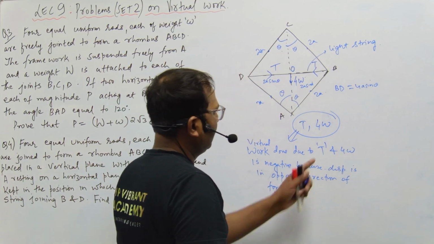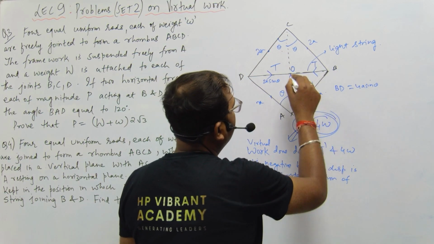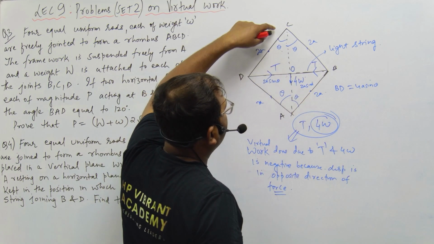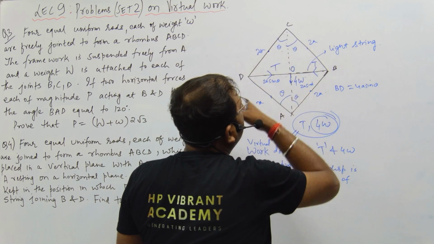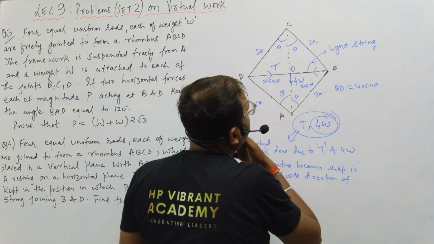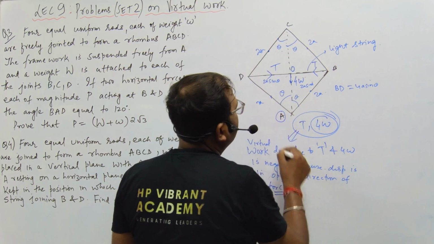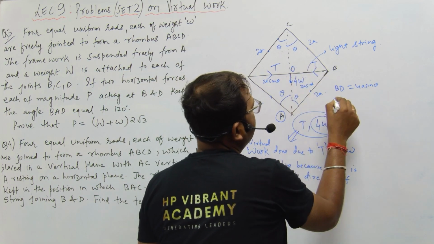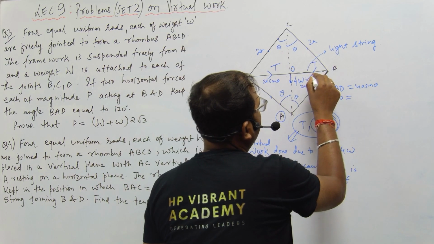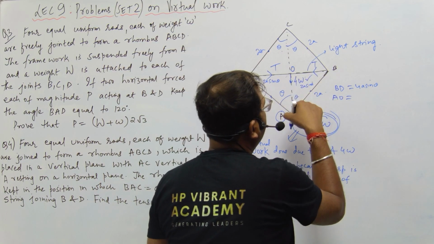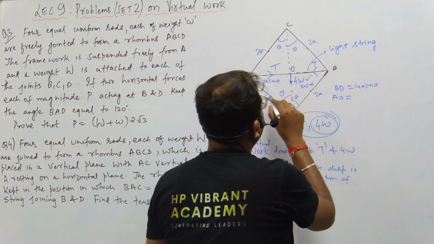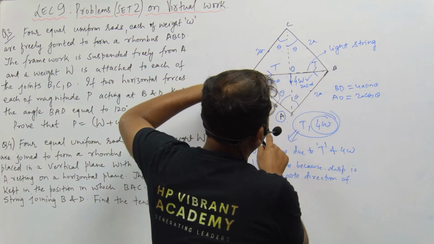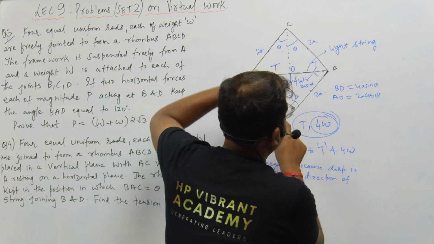For 4W, we take the reference point as A. So AO is 2a cos theta, since this distance is 2a and the angle is theta.